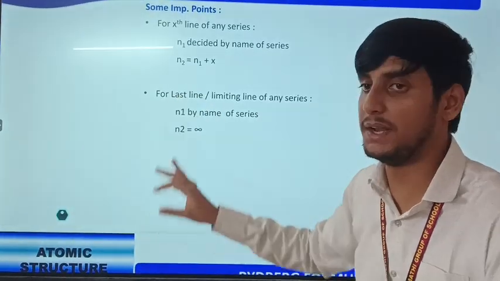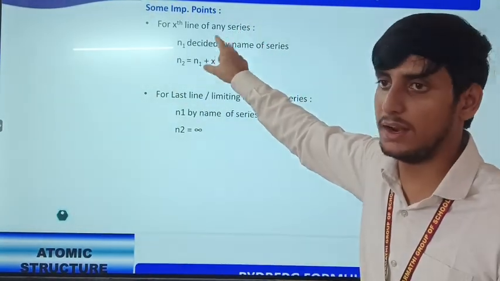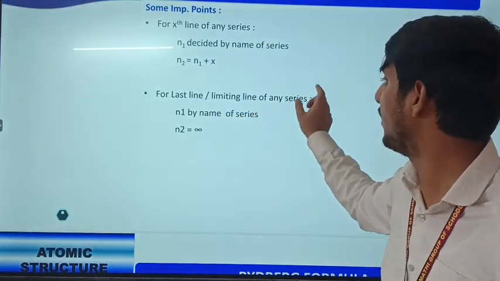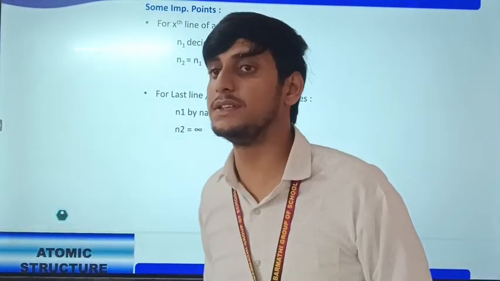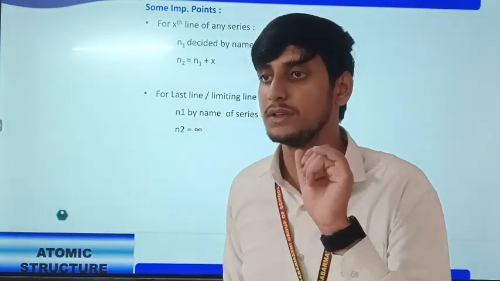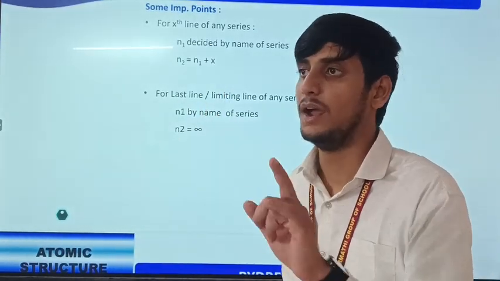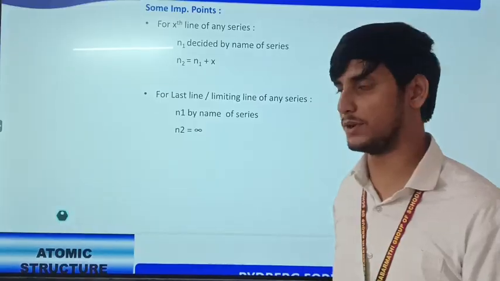For the first line or starting line, use this. For the last line or limiting line of any series, N1 is decided by the name of the series, and N2 is always infinite.